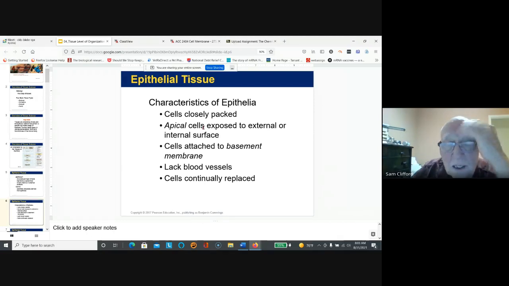For instance, in the gut, the apical part of the cell is what is exposed to the cavity or the lumen of the gut. The lumen of the gut is the open part of the tube that food flows through to get digested. Okay, there'll be a basement membrane, no blood vessels, and cells are constantly replaced.